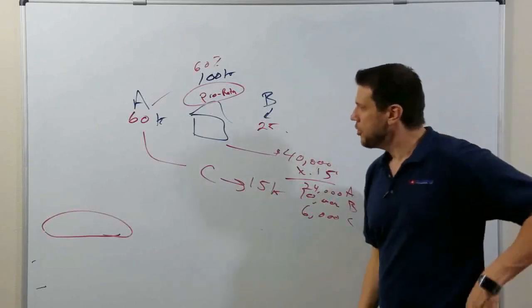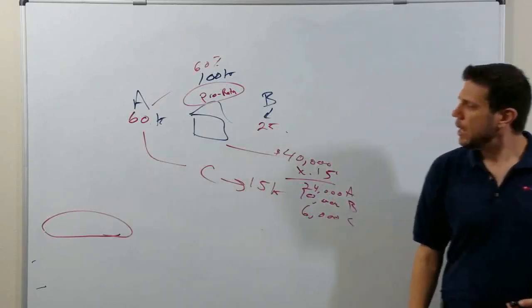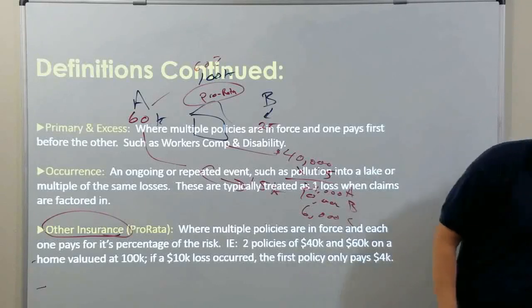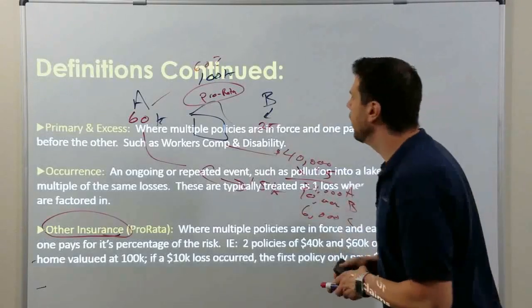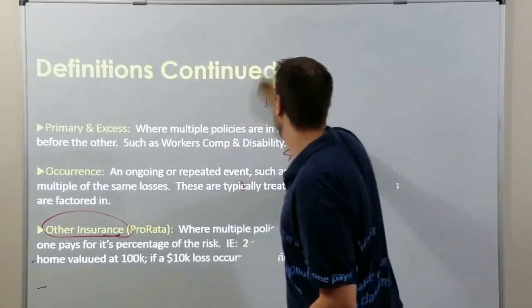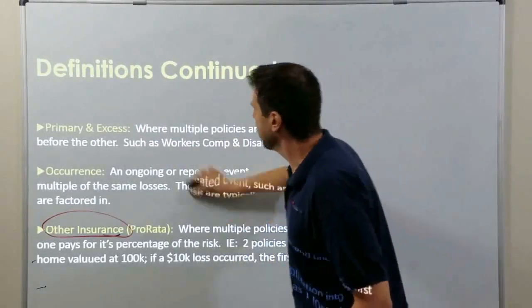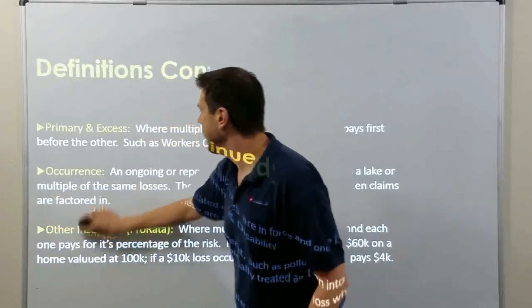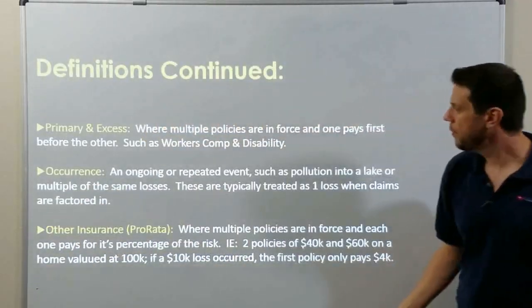So under the other insurance clause, if you have multiple insurance through multiple insurance companies, liability policies typically pay primary and excess, whereas property insurance typically pays pro rata. They'll share.